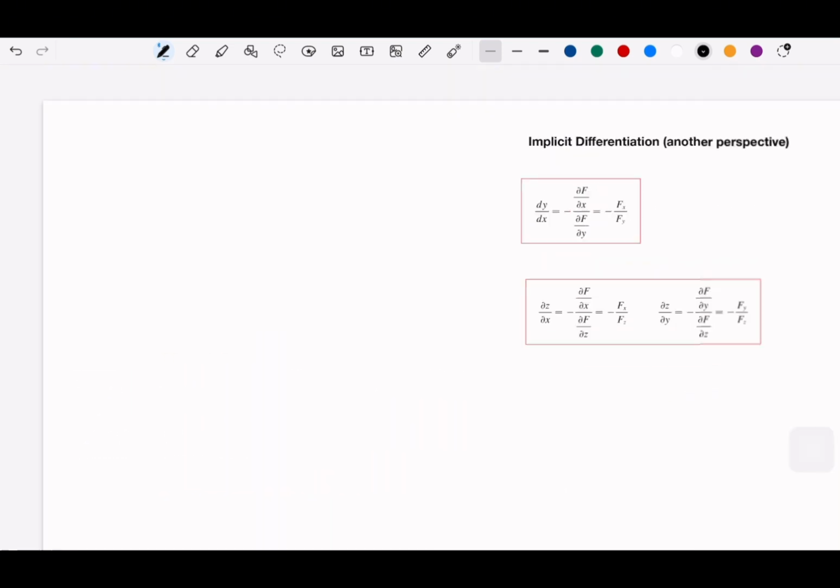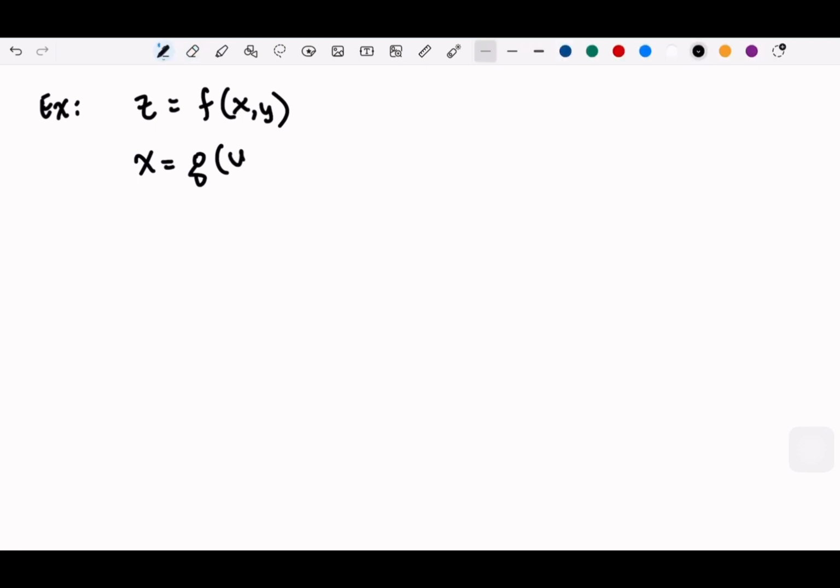Suppose that z is a function of x and y. x is a function of u and v. And y is the same. Let me change.